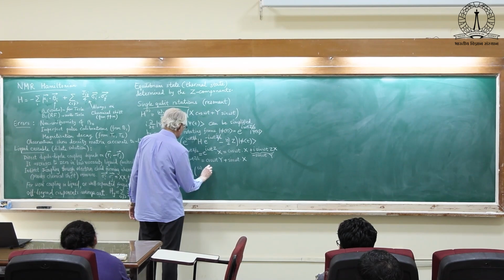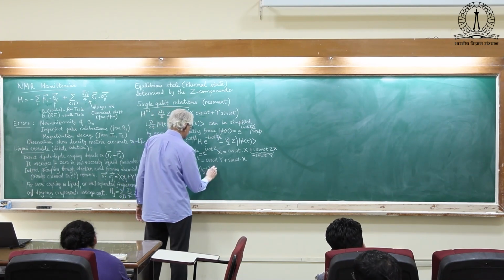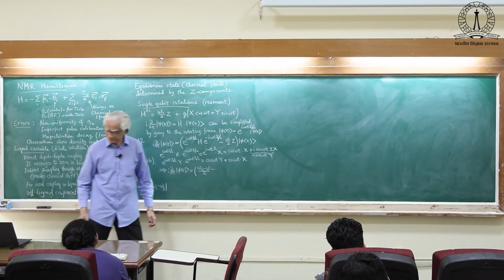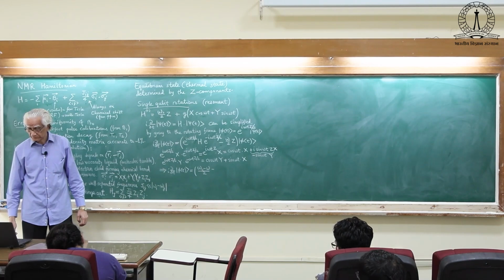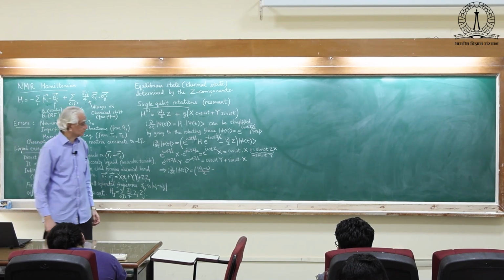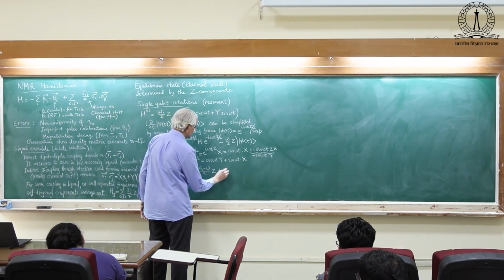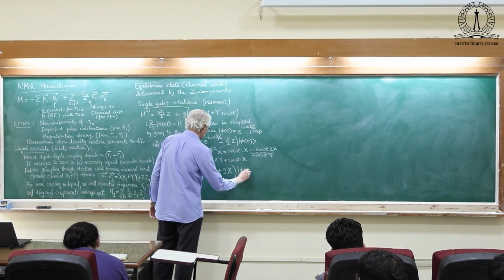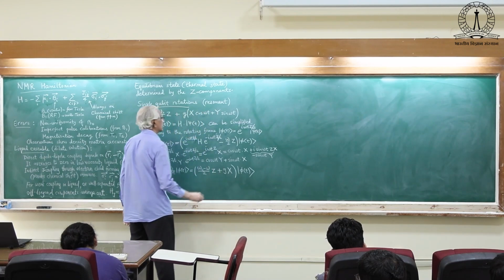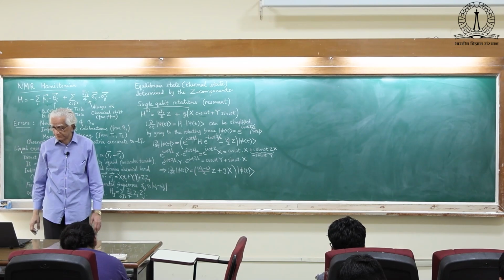So now it is omega 0 minus omega by 2 times just the x term with whatever coefficient in front was sitting there.